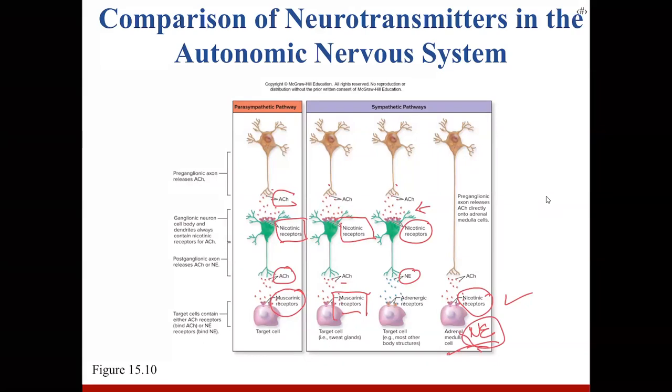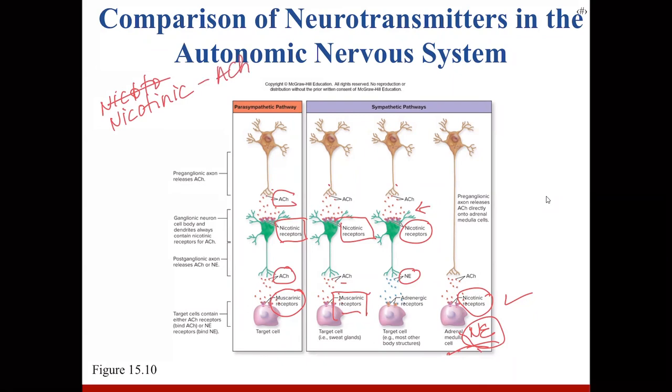Now, maybe we should make a key for the receptors. So the nicotinic receptor is going to be for acetylcholine.